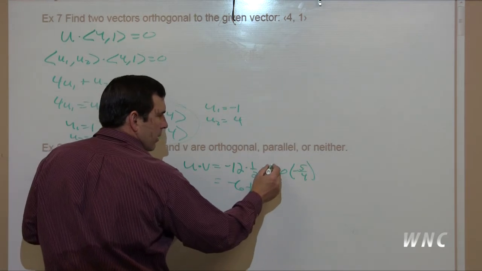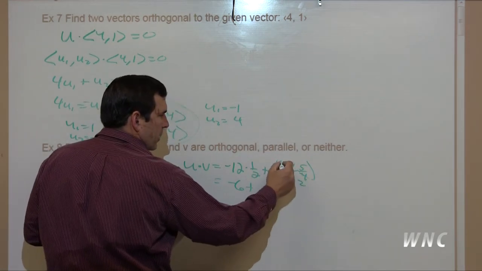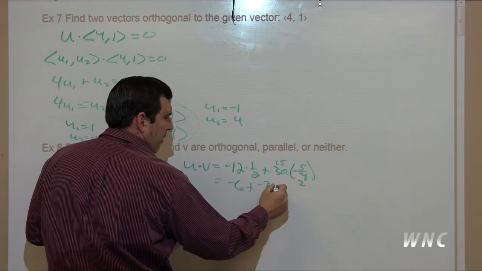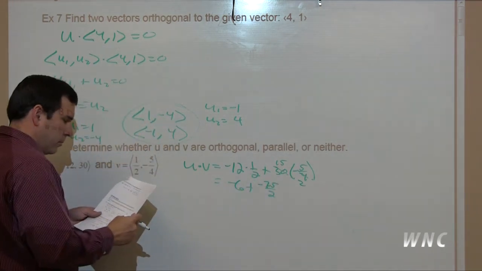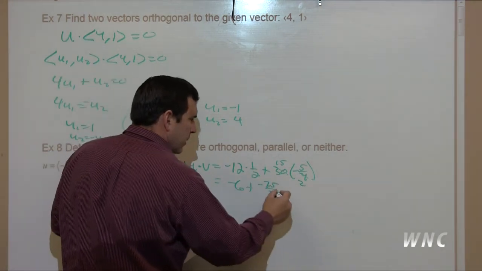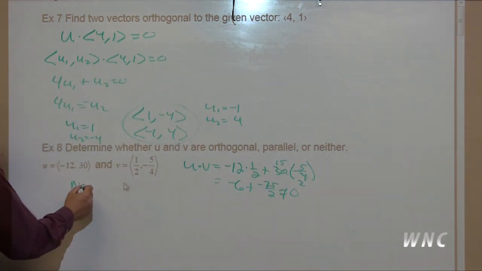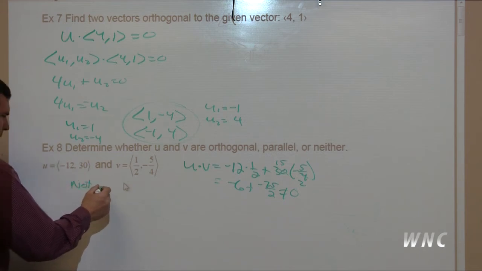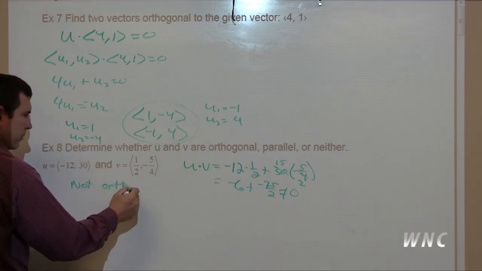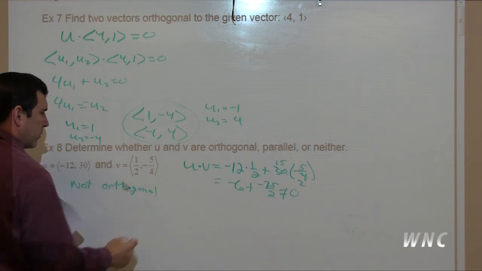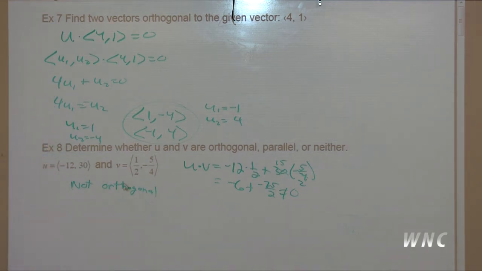Let's see, this reduces there, leaves a 2 and a 15, so negative 75 over 2. That's not equal to 0, so they're not orthogonal. Are they going to be parallel? Is the next question.